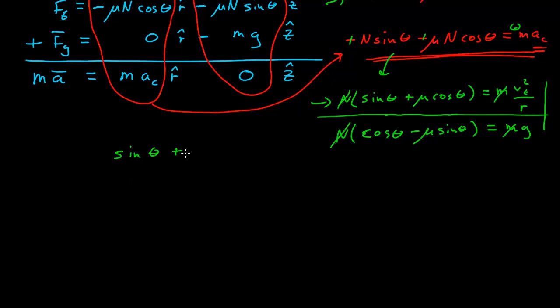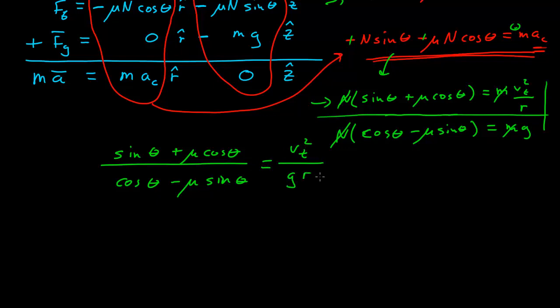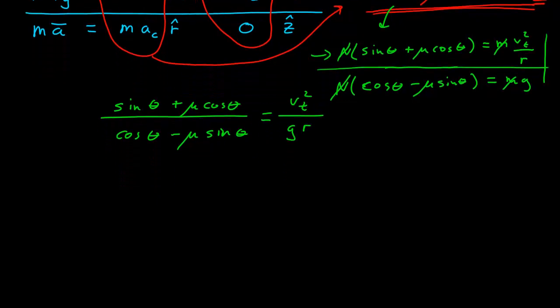Sine theta plus coefficient of friction cosine theta over cosine theta minus mu sine theta equals v tangent squared over g r. No reason to skip steps. It's not too difficult. So now I can solve for my final answer.